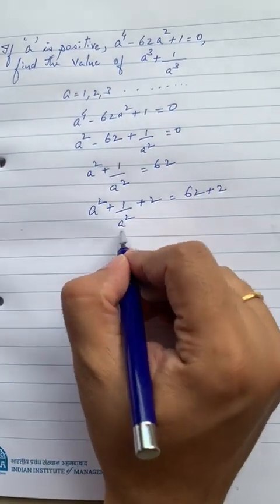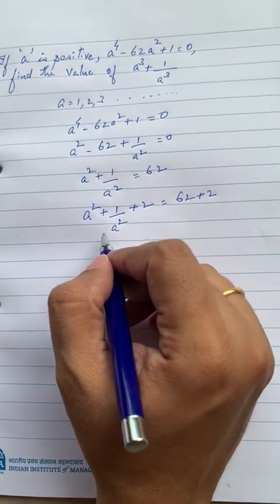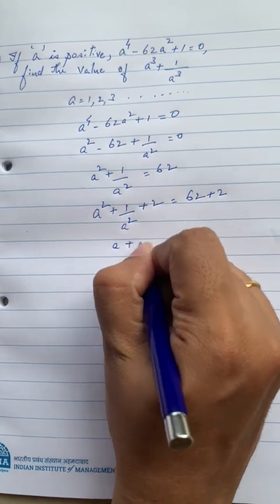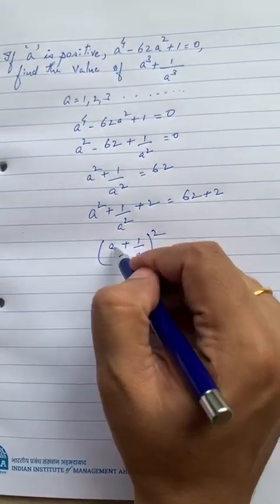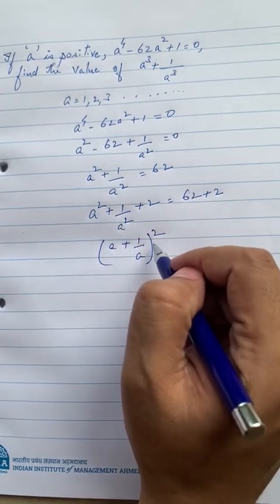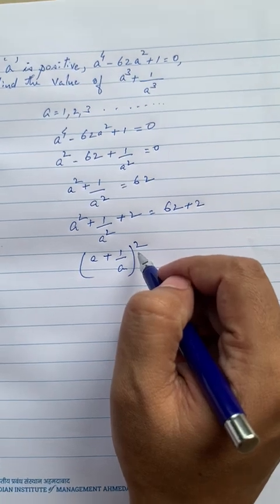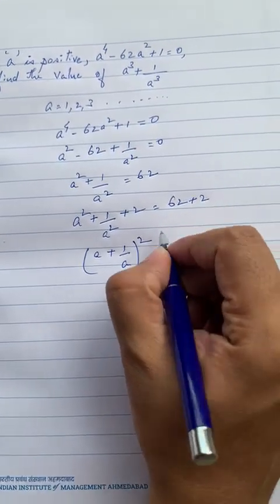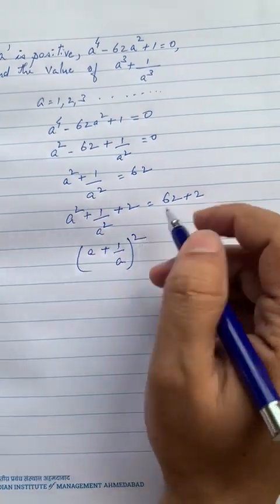Now this looks like a perfect identity. It looks like a plus 1 by a the whole square. If you expand this, you will get a square plus 1 by a square plus 2ab, that is 2 into a into 1 by a, so the a's cancel and it becomes 2.